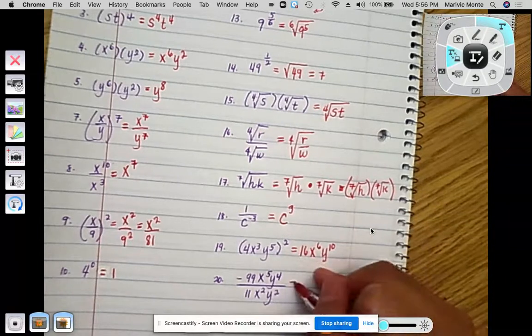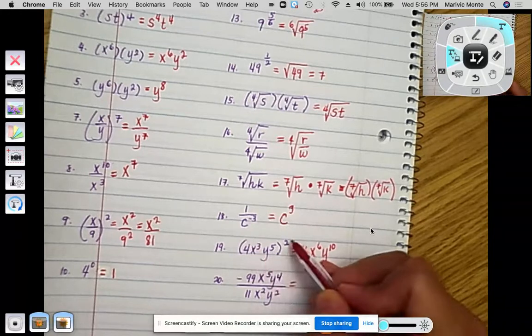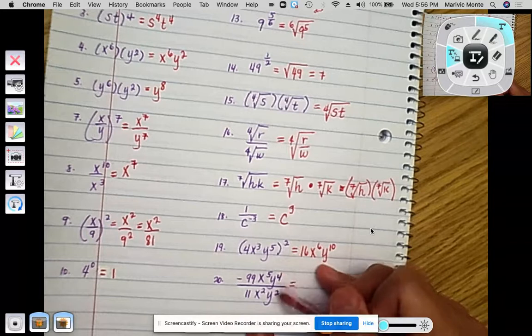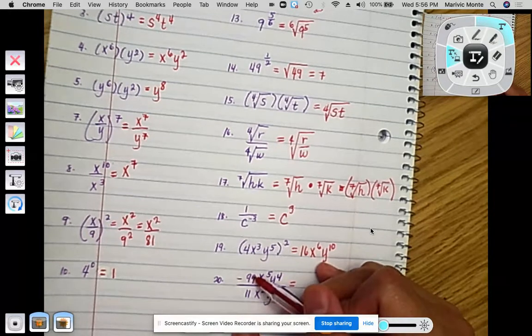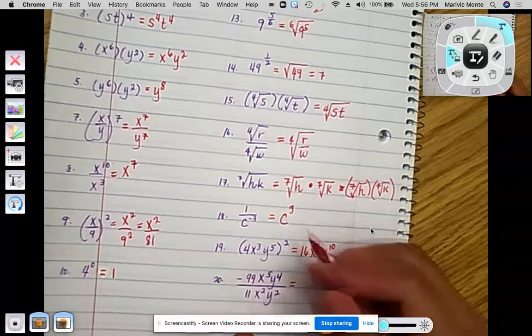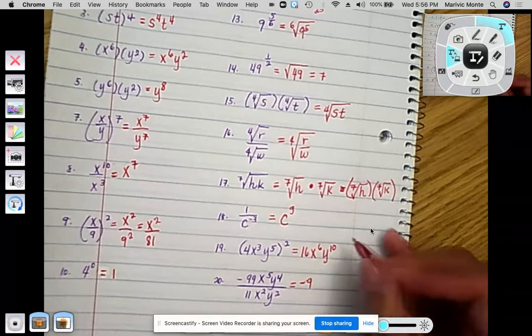And here, same thing. So if multiplying means raising everything inside the parenthesis to the same power, here, when you have division, you simply divide each corresponding integer and variable. So negative 99 divided by 11 is negative 9. Negative divided by a positive is a negative.